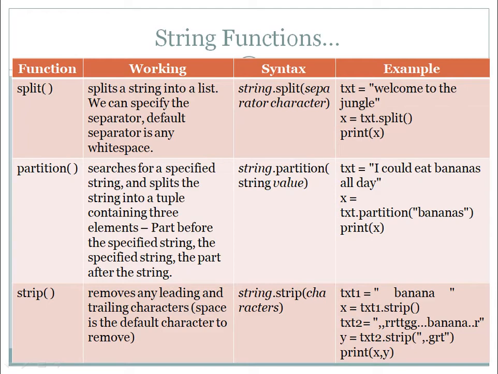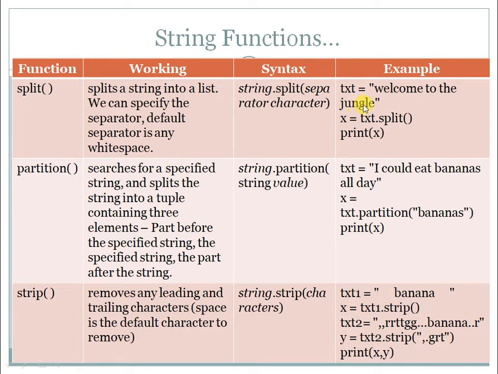Please note, it returns a list of words separated by the separator character. If you are not providing any value for the separator character, it takes space. So as soon as it finds a space, suppose between welcome and to, it will break the string there and make different elements. The first element will be welcome, the second will be to, the third will be the, and the fourth will be jungle.